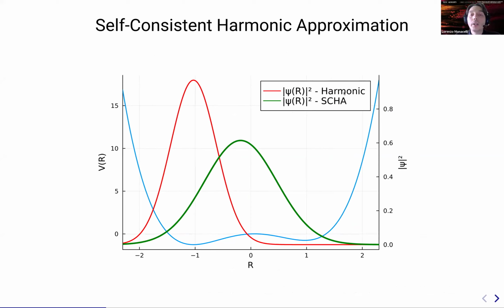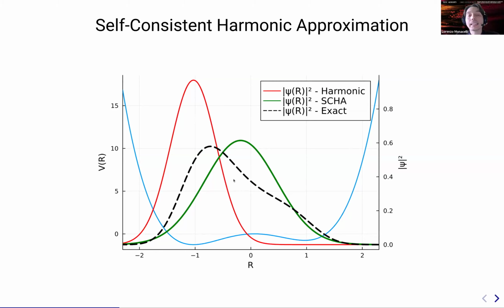We can compare here the harmonic wave function, where we find the minimum of this potential, then we expand the potential up to second order, we get a harmonic potential, and then we solve the harmonic potential, whose ground state is a Gaussian, which is this red line here. And if we take this Gaussian and now we optimize the parameters of this Gaussian to minimize the energy, we get instead this green result, which is the self-consistent harmonic approximation result. And this is how it compares with the exact solution, which indeed is not Gaussian, it's more complex.